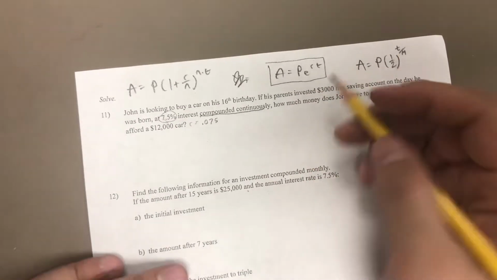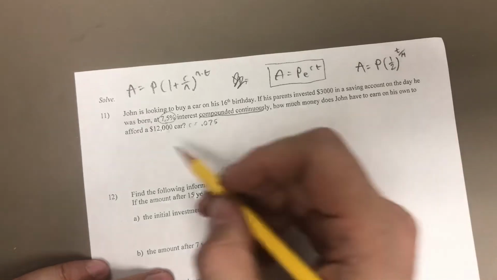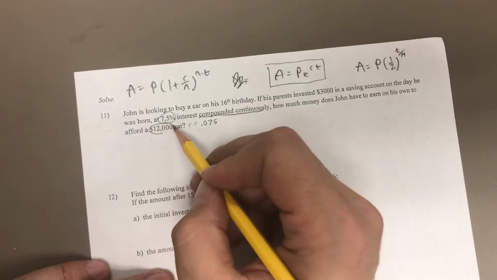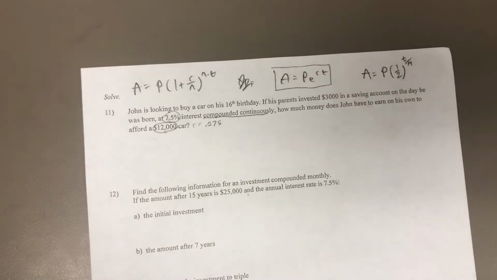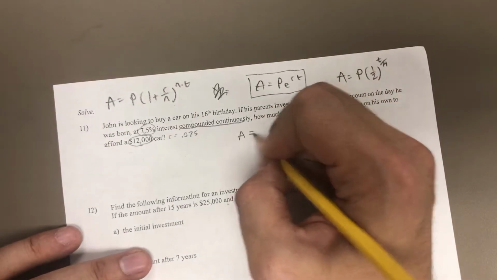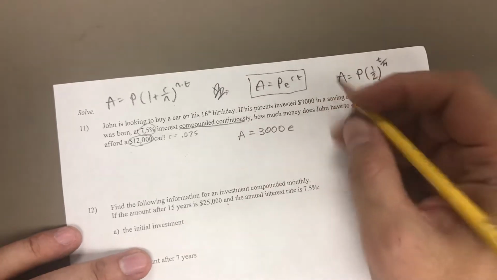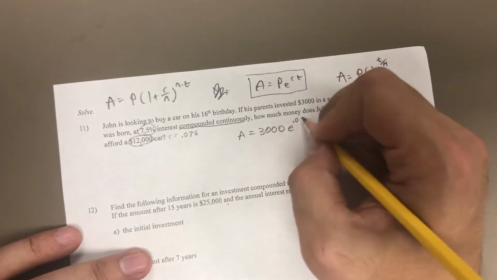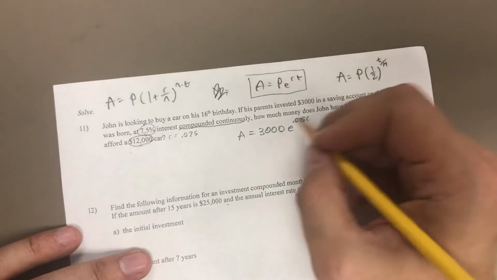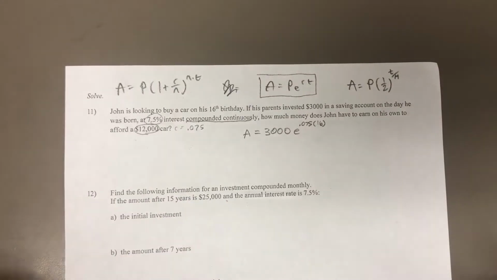So for this one, we were told how much money he's going to get, and then we need to figure out how much more he's going to need to get to $12,000. So let's figure out how much he has in his savings account. The savings account is going to be equal to the amount that he started with, which is 3,000, times e to the power of R, which is 0.075, times the amount of time that's passed, which is 16 years, because he just turned 16 when he's going to buy his car.